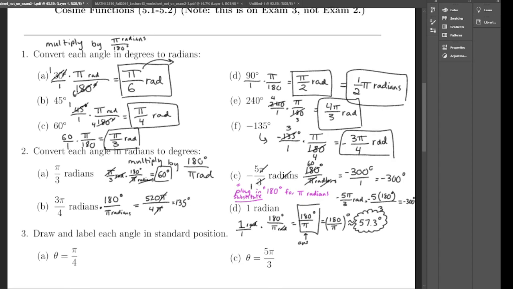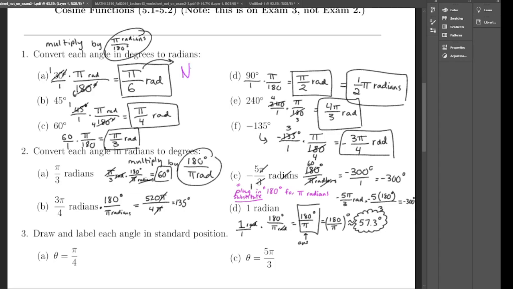Again, the way to remember which one of these fractions you multiply by is, think about, you always want the new unit over the old unit. If that makes sense, let me write this in a place where it actually fits.